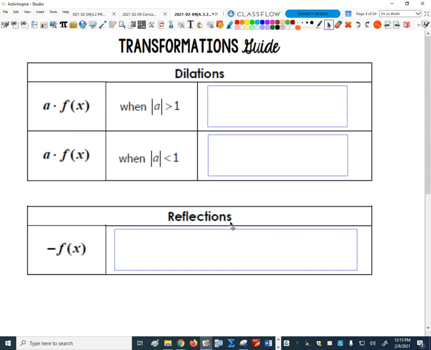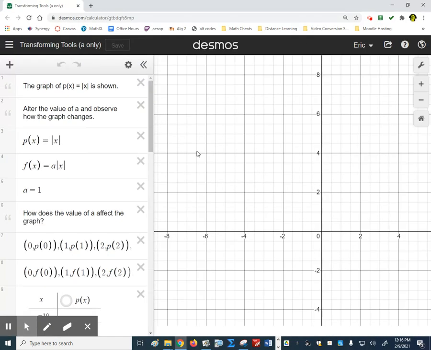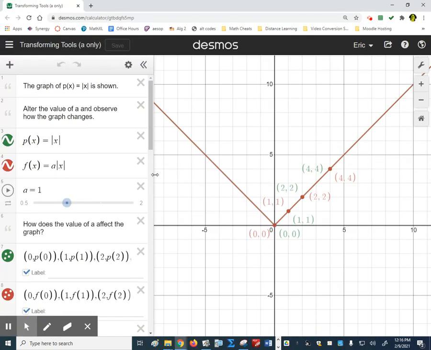Okay, next issue, dilations. Let's see what happens here. What happens if I multiply a function times a number outside of the function? So for example, let's take a look at this one. If I've got my absolute value function here, I'm going to multiply my absolute value function times a.